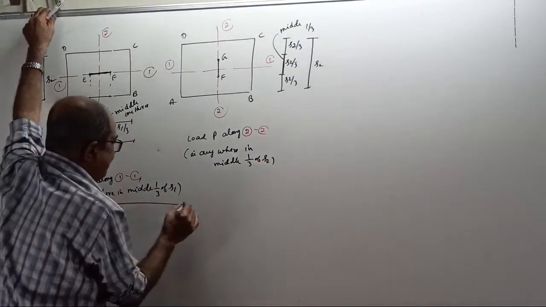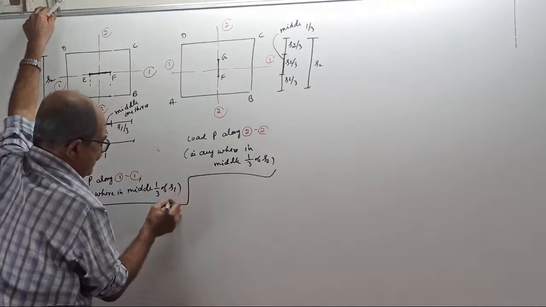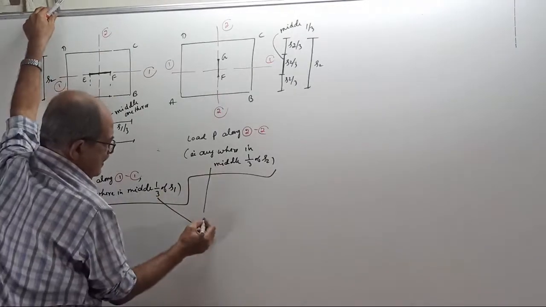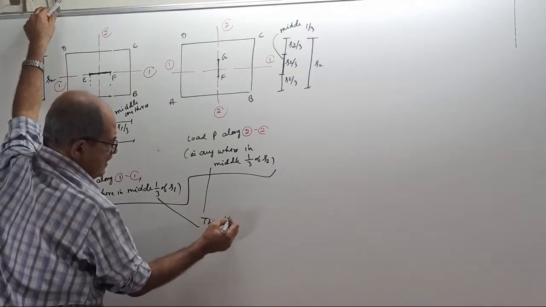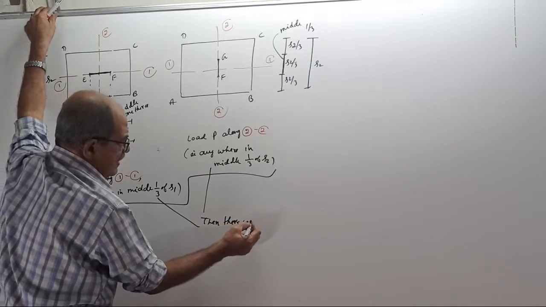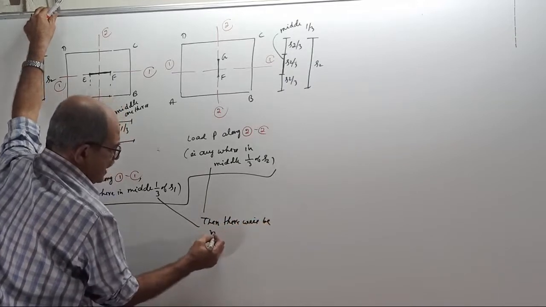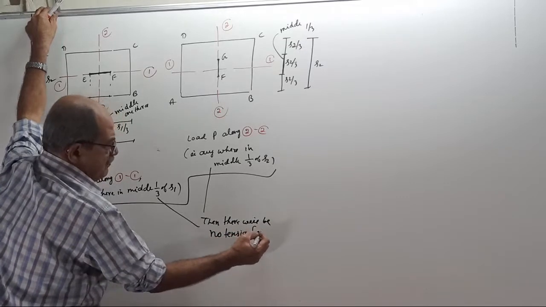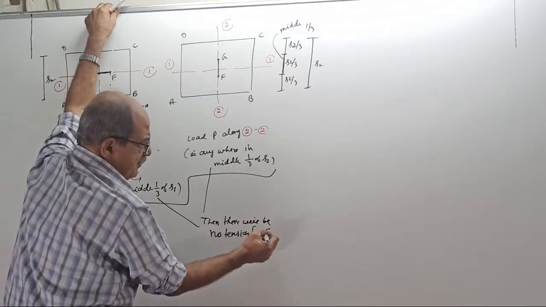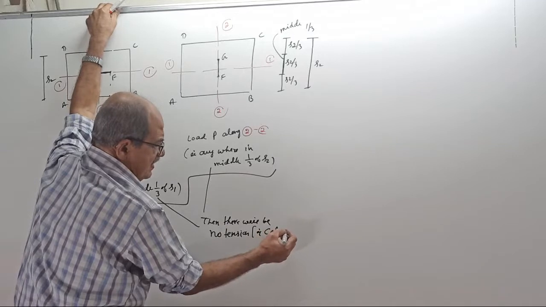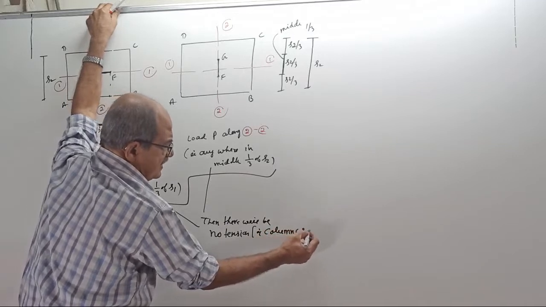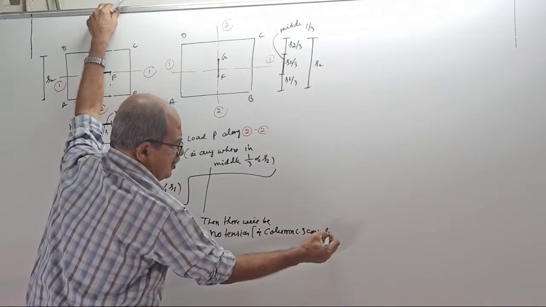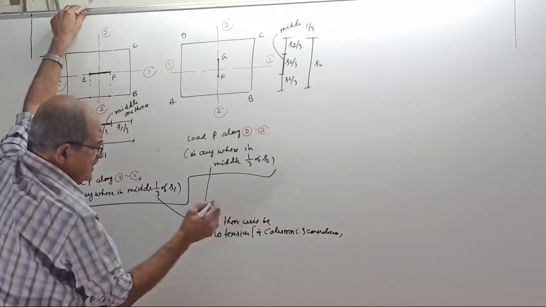In this case, there will be no tension if column cross section is considered. If column cross section is considered, no tension.